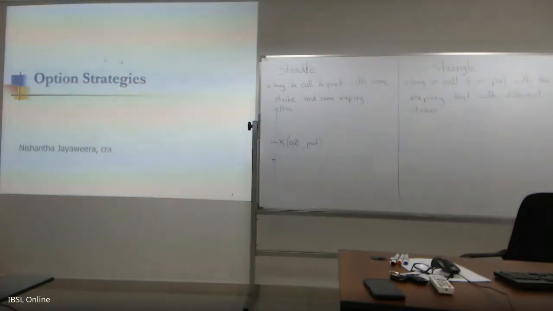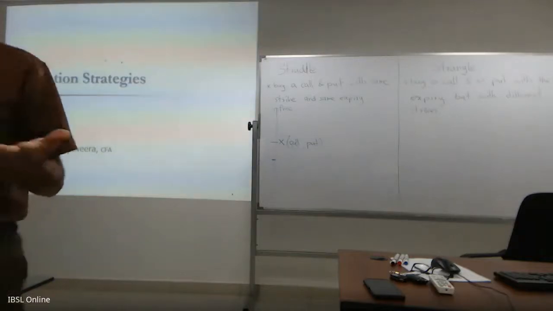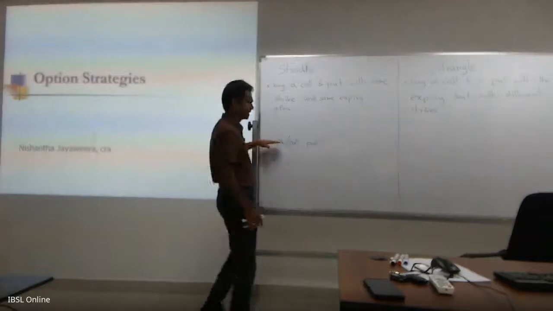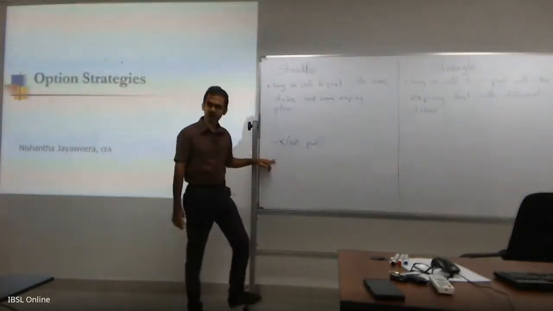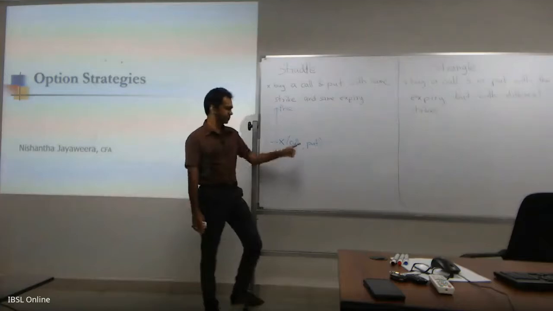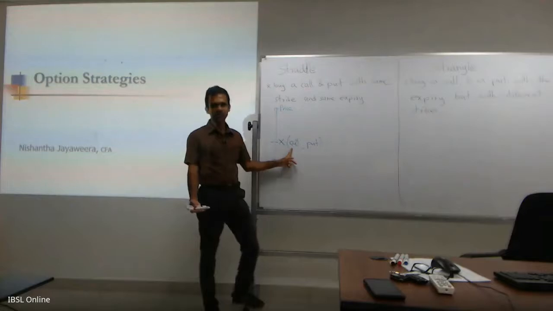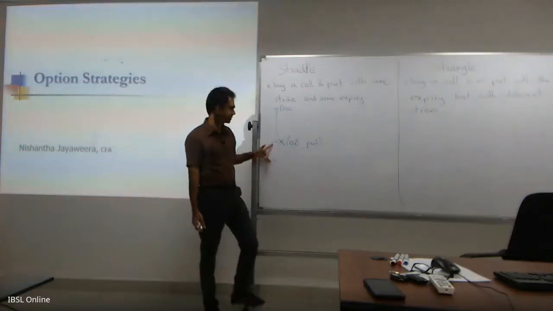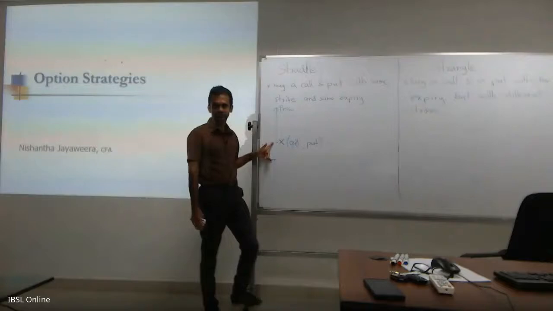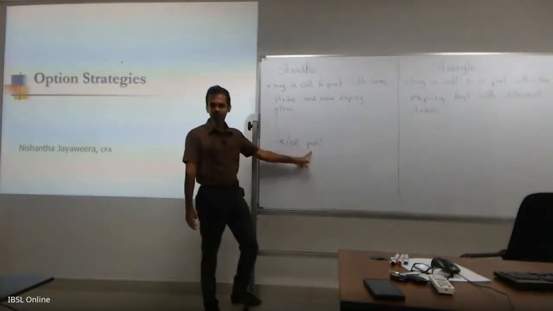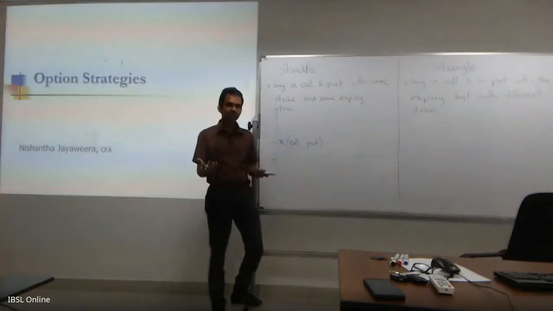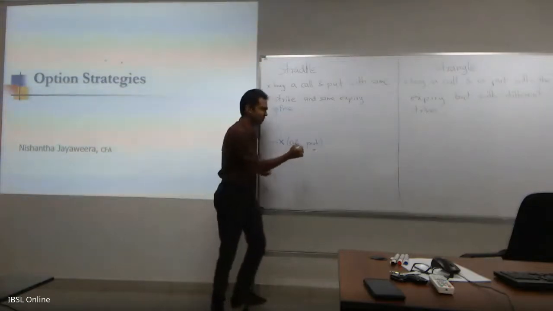When you buy a put option, what do you get? The right to sell at the strike price. When the market is lower than that, you take that advantage. You sell it at the strike price when the market price is somewhere below. So you exercise your put option. There's no value for the call option. That means you gain on the put option.